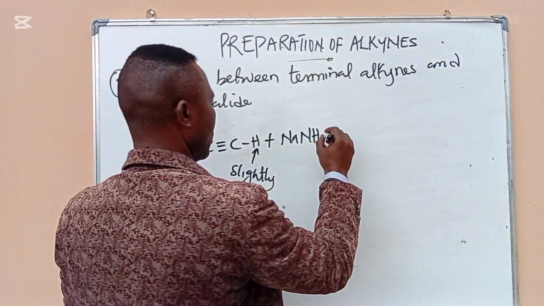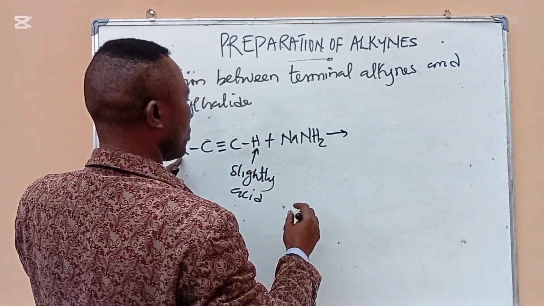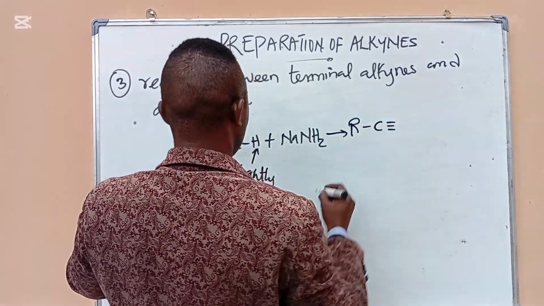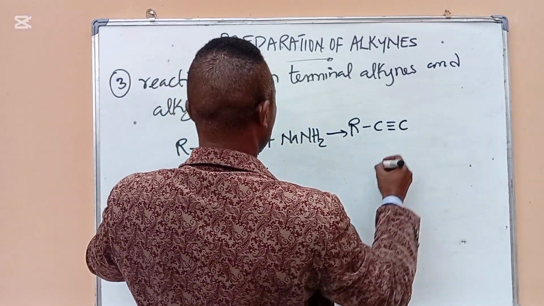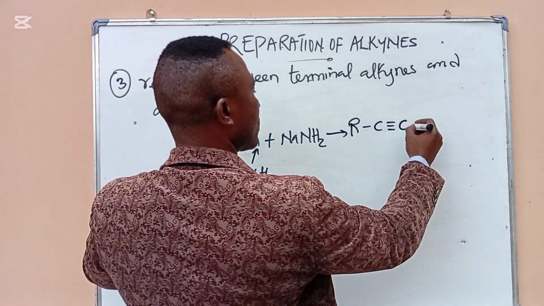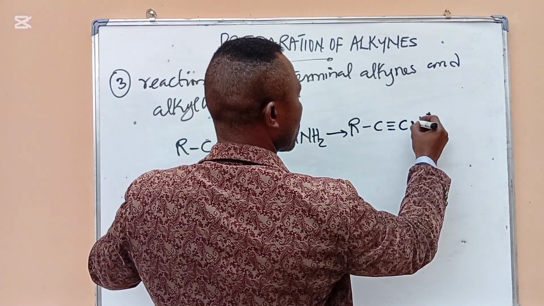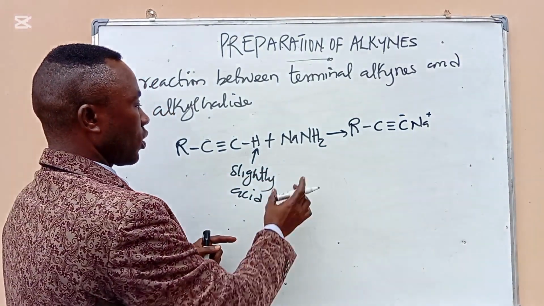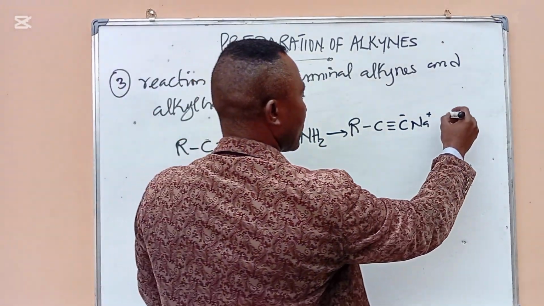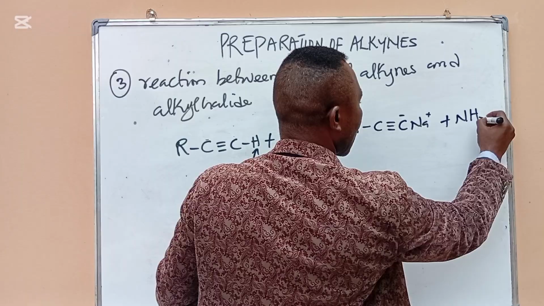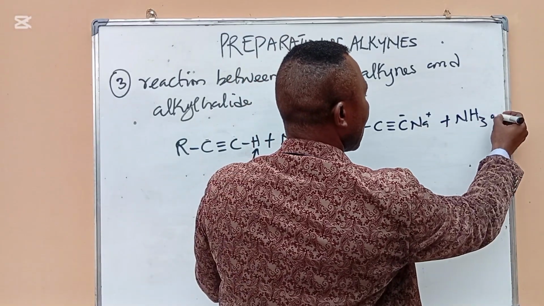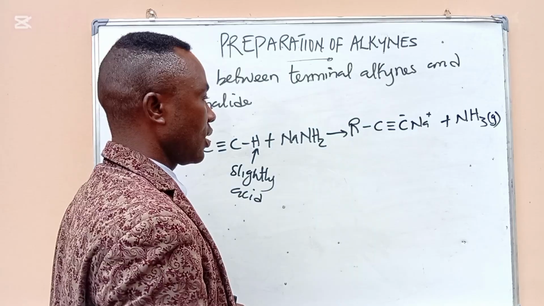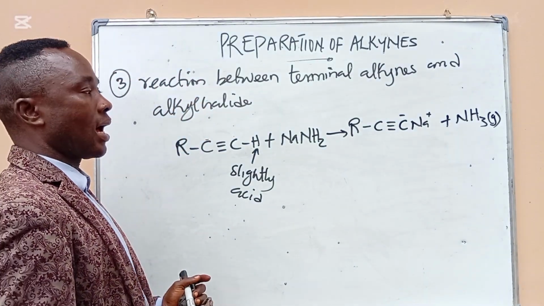Now if this reaction goes on, what we'll have is R, C triple bond C, then Na plus. So this carbon atom is partially negative. Then what will generate is ammonia, NH3. Remember, ammonia is a gas, and because it's a gas, it is removed on its own by bubbling out.